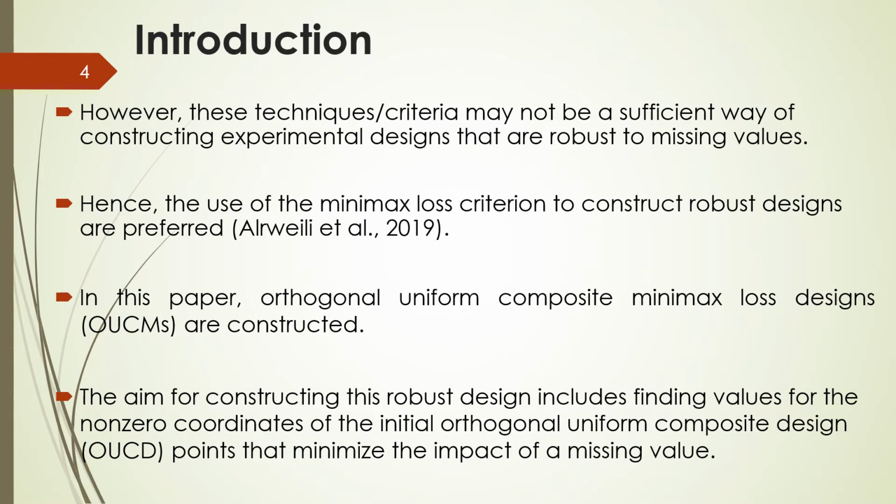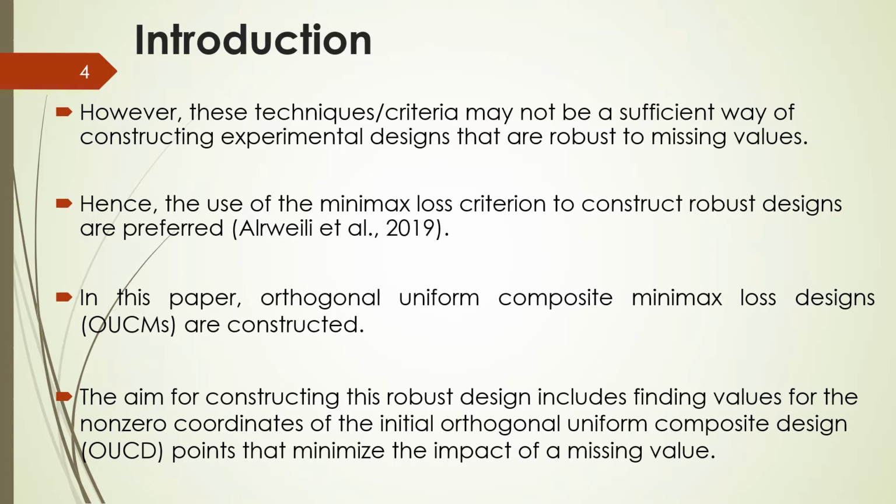Then we have the method of least squares and also the probability of estimability criteria. However, these techniques may not be a sufficient way to construct experimental designs that are robust to missing values. Hence, the use of the Minimax Loss criteria to construct robust experimental designs is preferred.